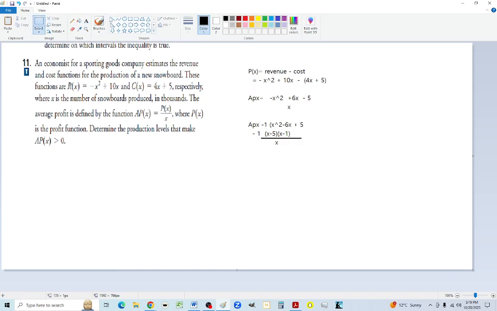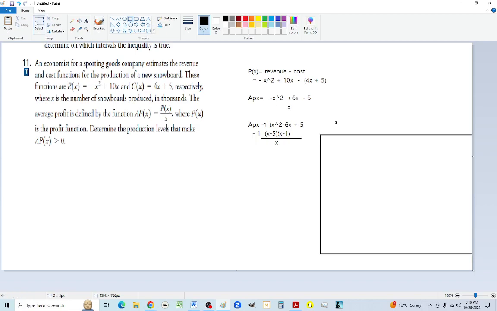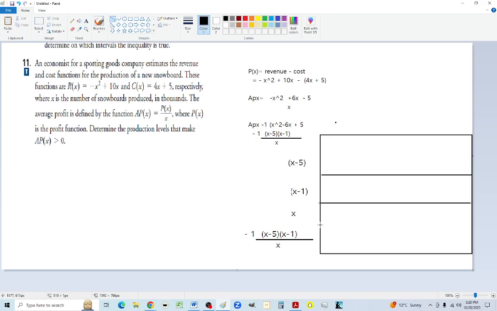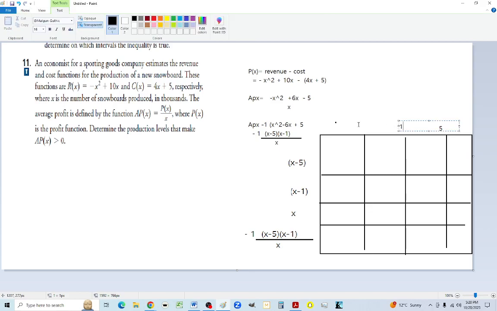You make a table. And when you do this, the points to look out at are 5, 1, and 0.